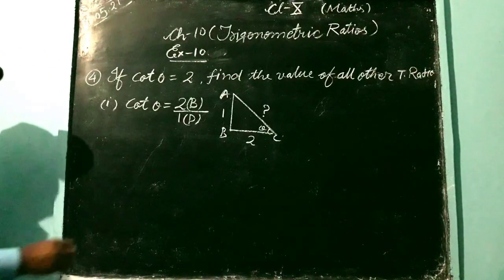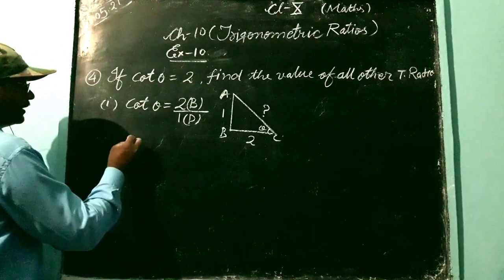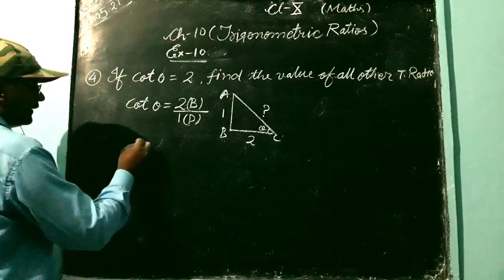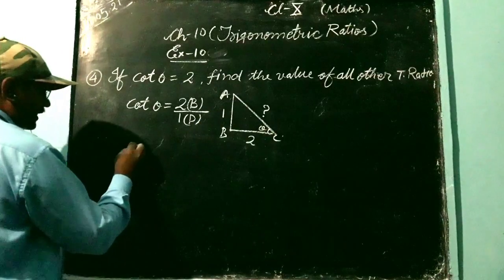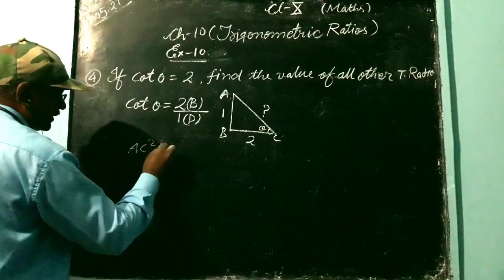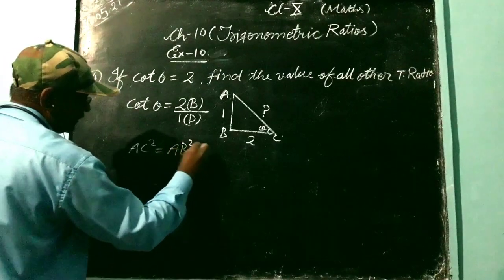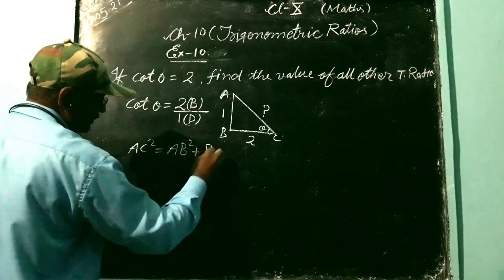By the help of the Pythagoras theorem, AC square is equal to AB square plus BC square.